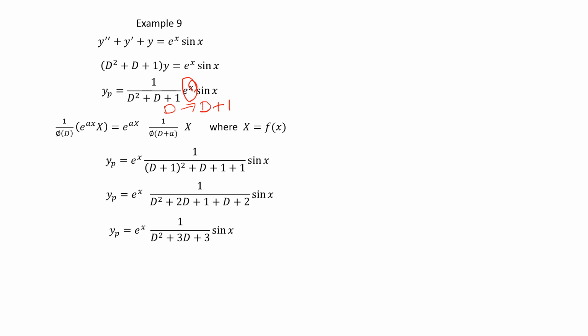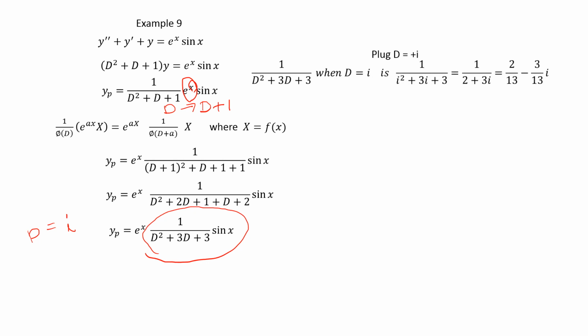Now again, how do you solve this part? All you have to do here, since it is sine x, is to plug d is i. Let us find the value of 1 over d squared plus 3d plus 3 when d is i.